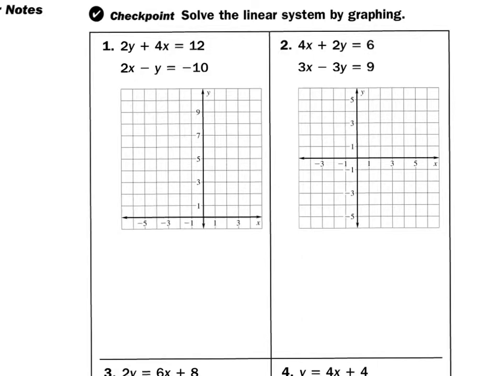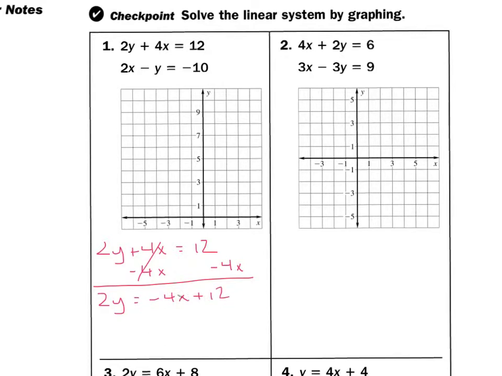So for number 1, the first thing that you need to do is change each of those into slope-intercept form. So you have 2y plus 4x equals 12. Okay, I'm going to start off by subtracting 4x from both sides. The 4x's are gone, so you have 2y equals negative 4x plus 12.